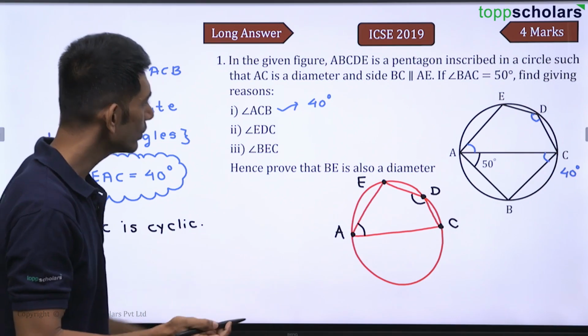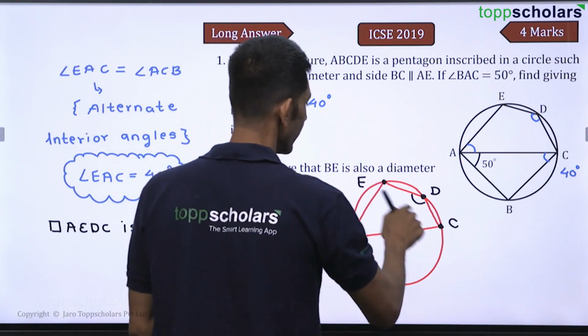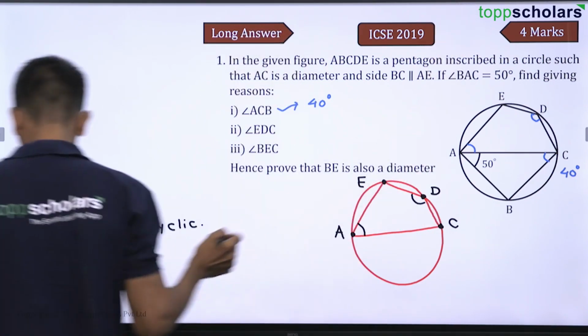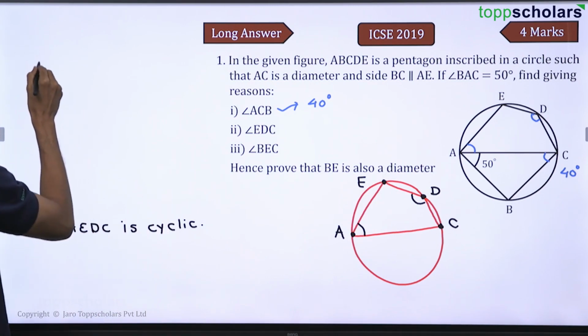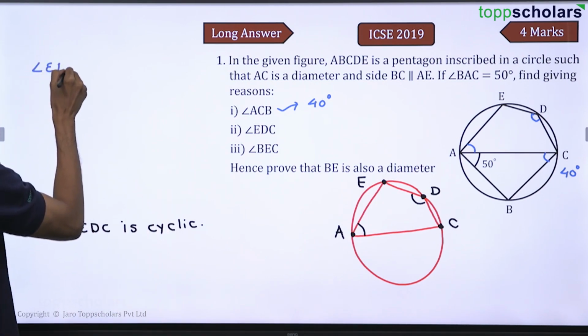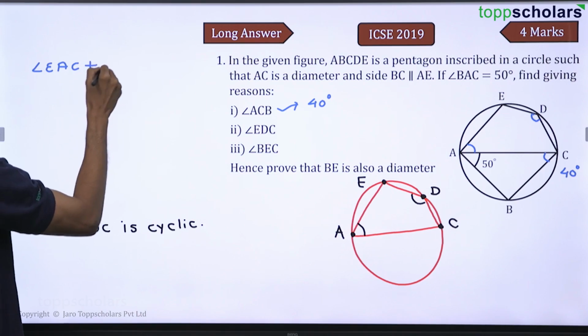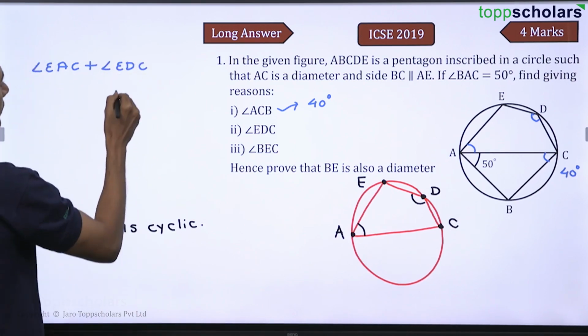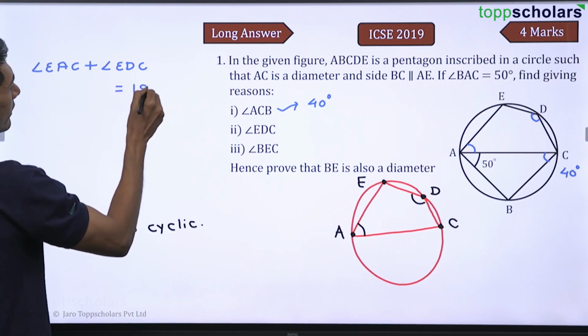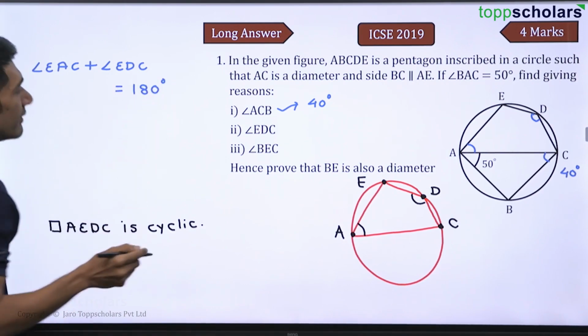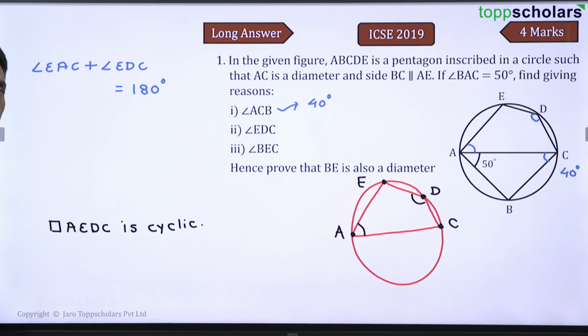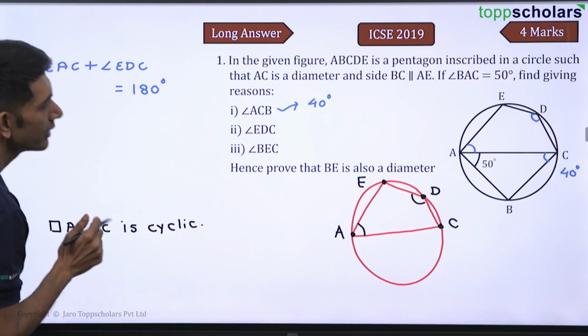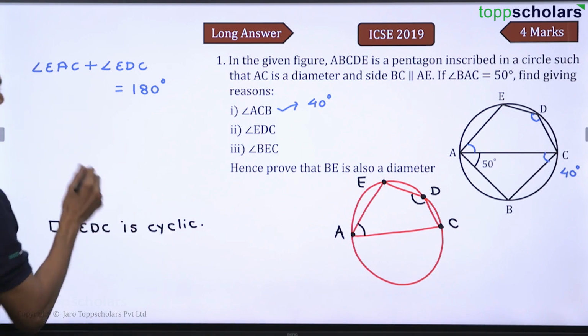So that's it, we can do that. Now we can write down EAC plus EDC is 180. So we have angle EAC plus angle EDC, right, is equal to 180 degrees. What is the reason? The reason that you'll write down is opposite angles of a cyclic quadrilateral are supplementary. So EAC is how much? EAC is 40.